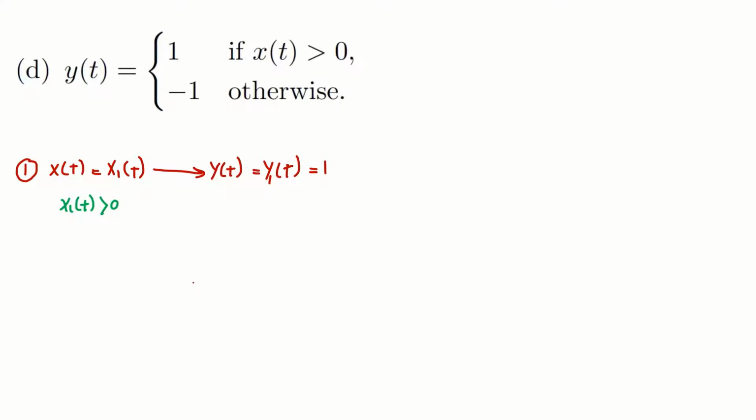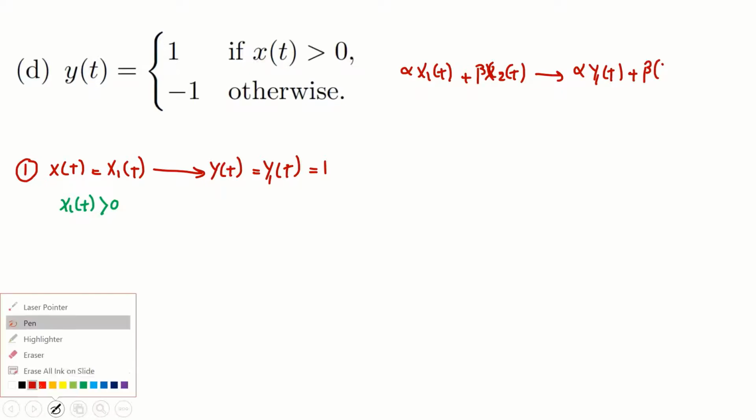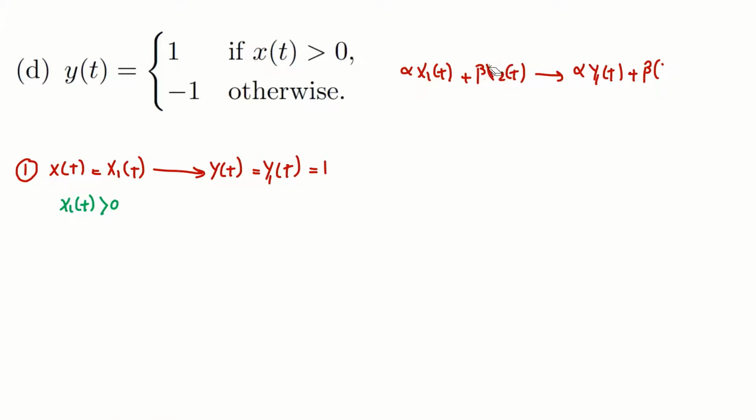So remember that the superposition principle says that if the input to the system is alpha x1(t) plus beta x2(t), then the output should be alpha y1(t) plus beta y2(t).